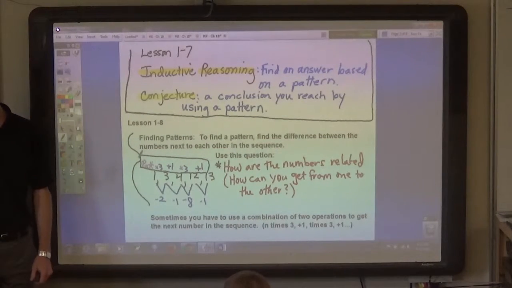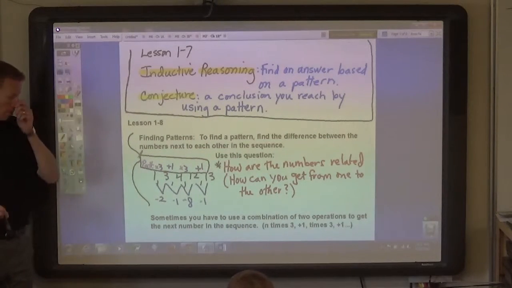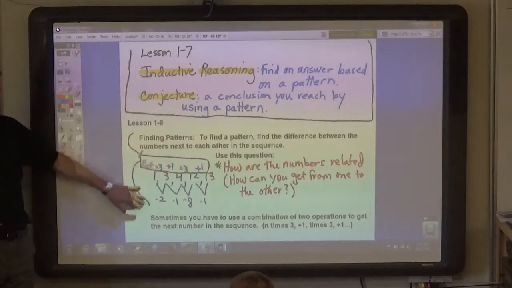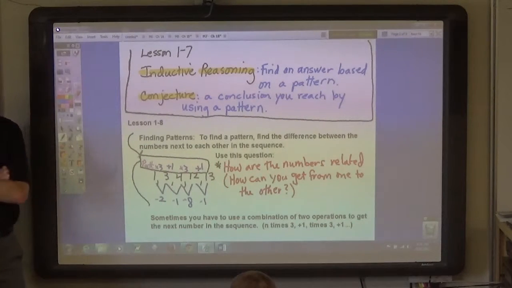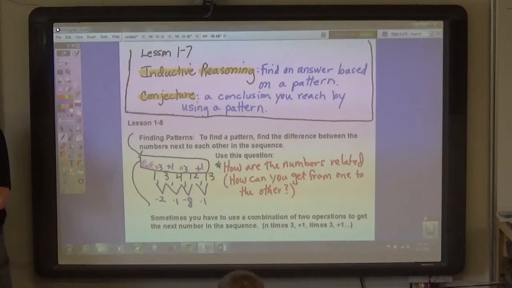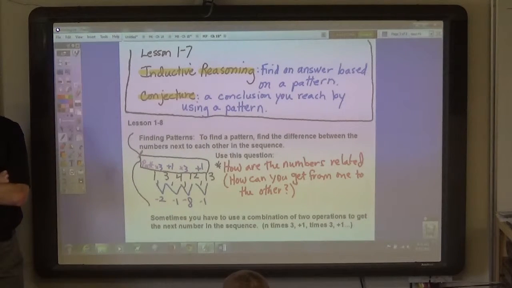Let's look at number 1 on page 42, once you have this written. Number 1 says, Caroline is training for a swim meet. Then there's a graph. It shows the number of laps per day she swims each week. If she stays with this training pattern, how many laps per day will Caroline swim at week 8?